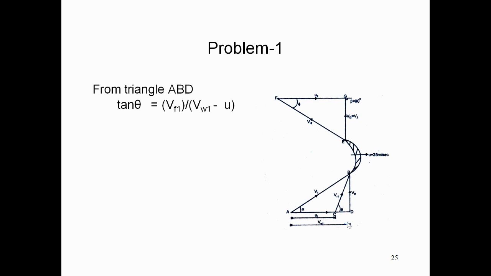From C to D, VF1 is 25, VW1 we got as 43.3, and U is given as 25.